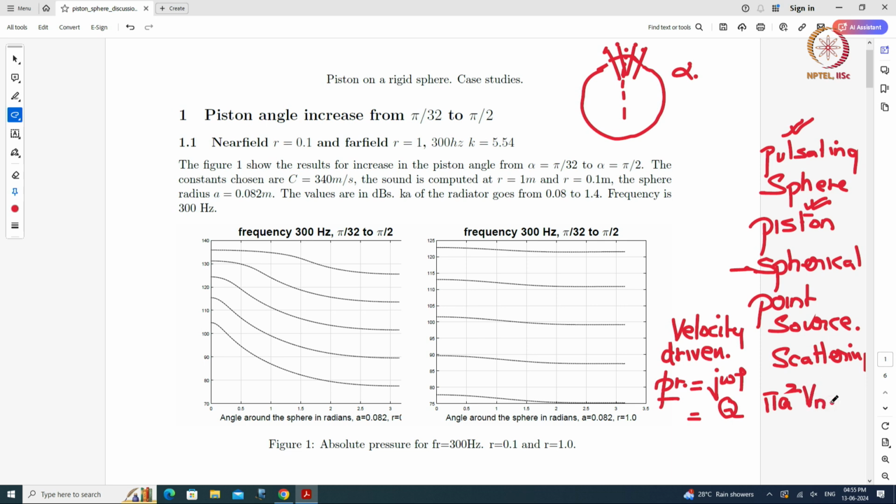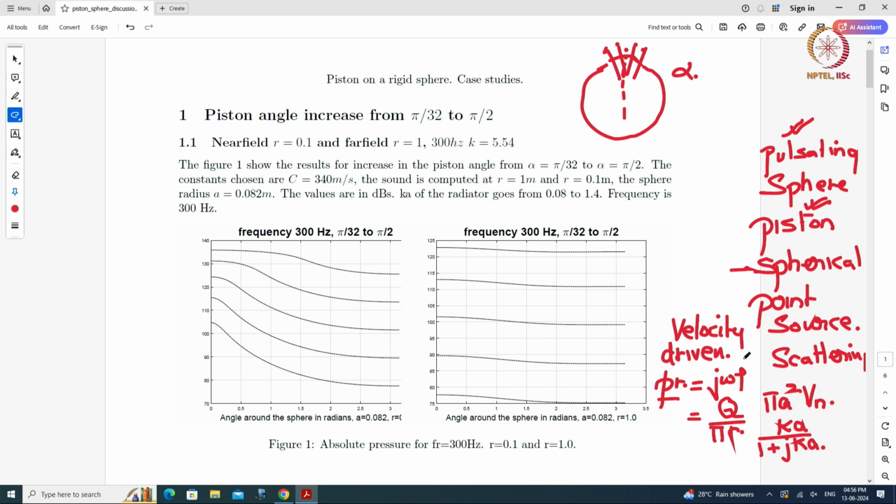This will be there, and there will be something of an R dependence, a distance dependence, pi r, 2 pi r, 4 pi r, etc. Also there will be a dependence on Helmholtz number, Ka by 1 plus jKa, something of that nature.